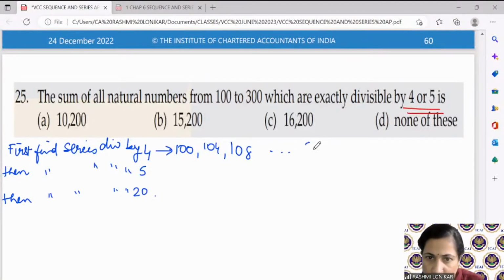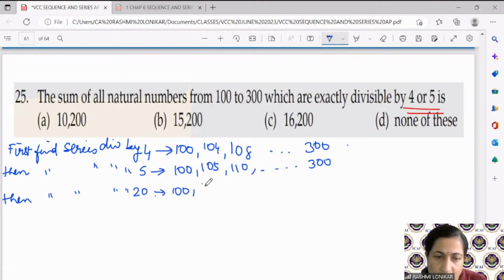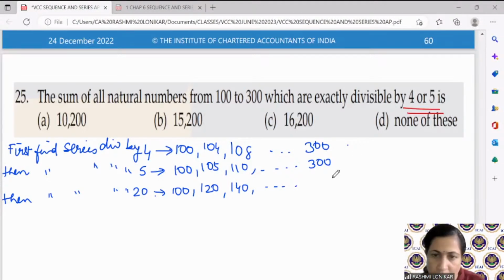Yes. So 300. By 5, how much will it be? It will be 100, 105, 110, up to 300. Okay. Then for 20, I have 100, 120, then this is 140, and so on up to 300. Is it divisible by 20? Yes. So up to 300.